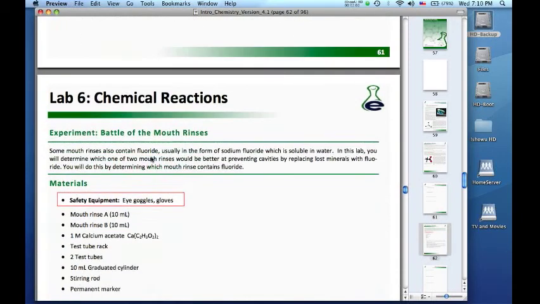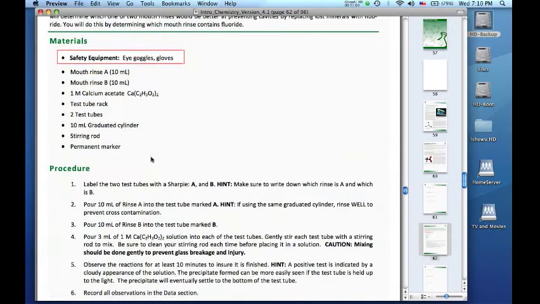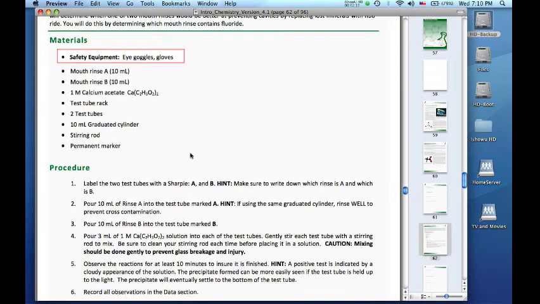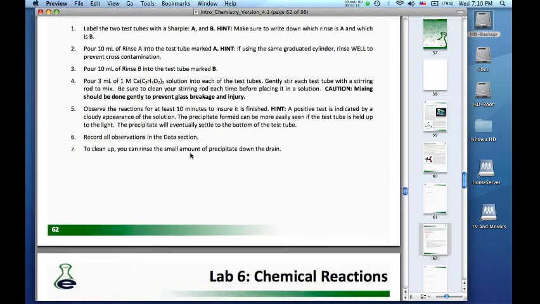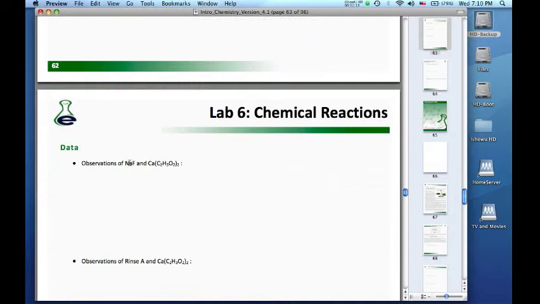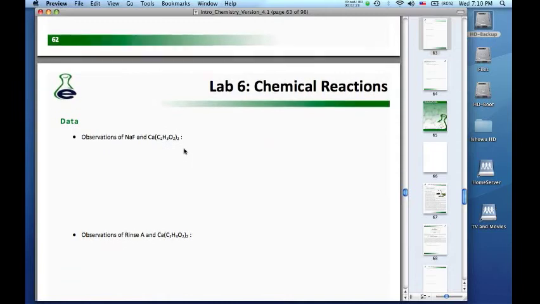So what you're going to do is test using calcium acetate and with these. If you mix calcium acetate with sodium fluoride, and don't drink the sodium fluoride, but if you mix these two together, you should see this white stuff precipitate down.